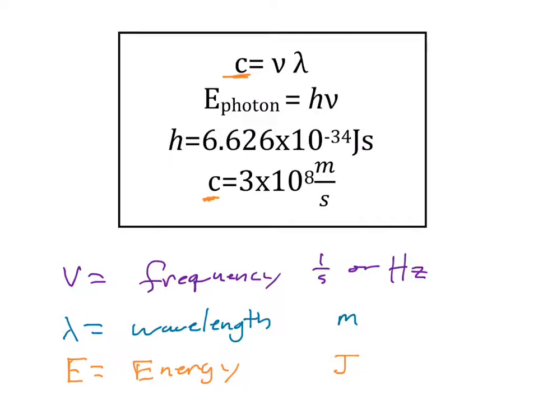Now, these are constants. That means we always have these numbers. The other thing is, when considering sig figs, you do not consider the sig figs of the constants. They do not influence the sig figs of the answer that you'll get.